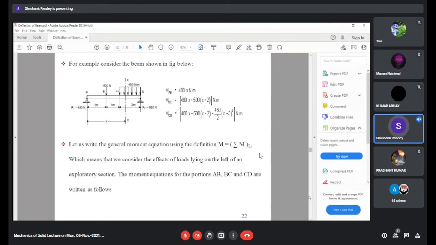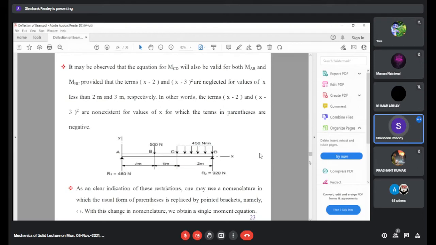So what we have written is, let us write the general moment equation M, which means that we will consider the effect of load on the left of an exploratory section. The moment equations for portions AB, BC, and CD are written as follows. So we have already written the moment equation for portions AB, BC, and CD.